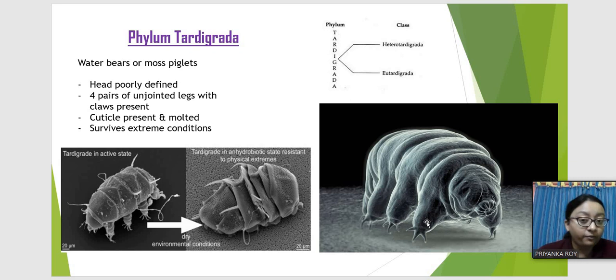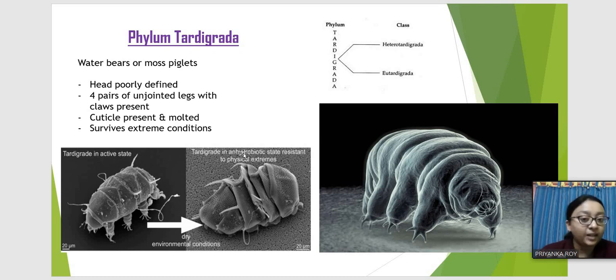They have a very thick cuticle, and they are resistant to extreme conditions. You can see that when the tardigrade is in an active state, it looks like this, but when it is in dry, extreme environmental conditions, it is resistant to physical extremes, but its shape and form changes.